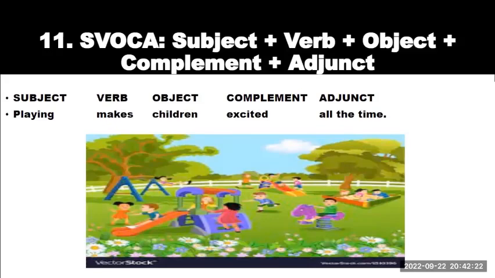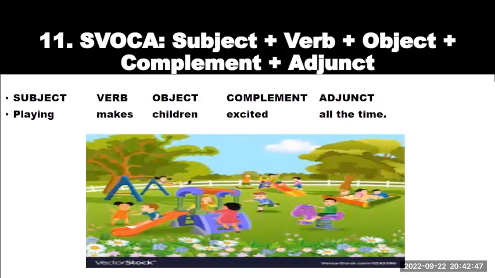In this sentence, it functions as a complement, because you also ought to understand that an adjective can either serve as a modifier or it can serve as a complement, okay? It becomes a complement when it comes after the verb, all right?